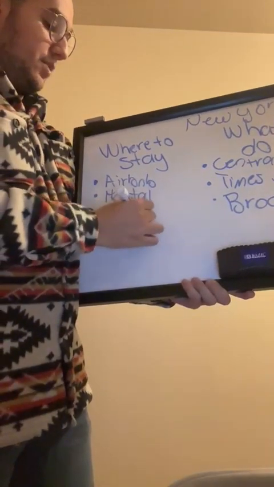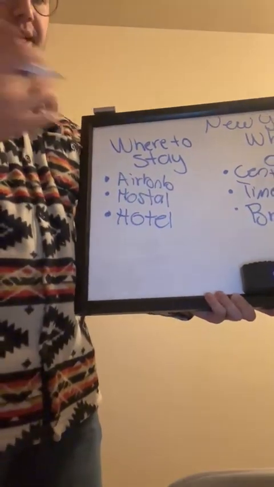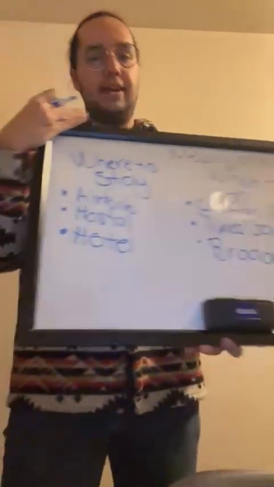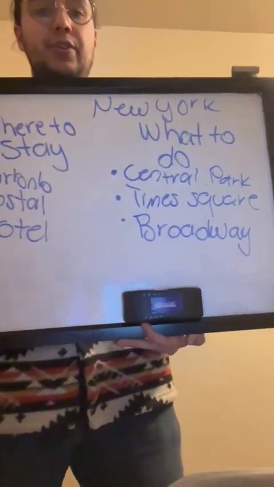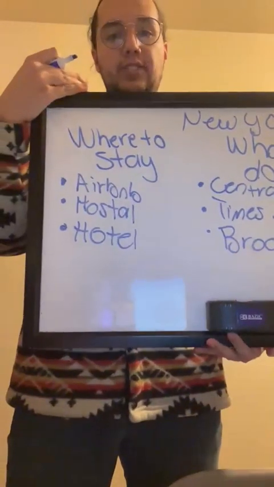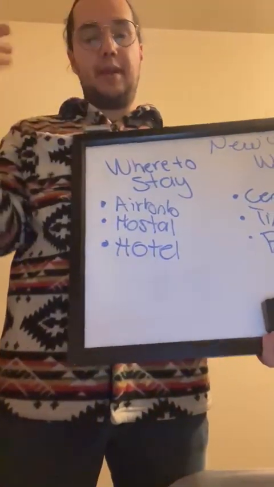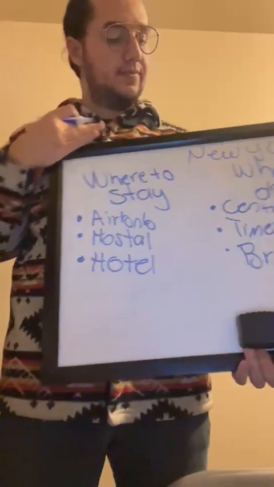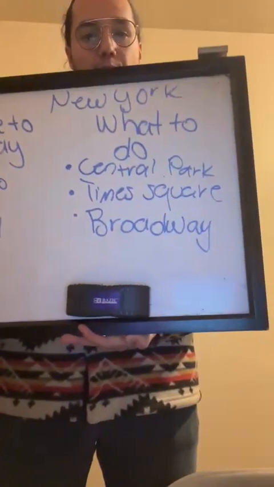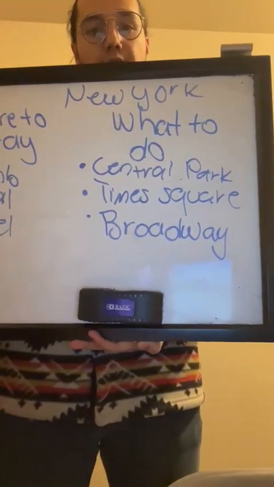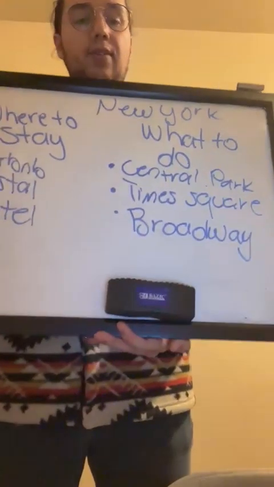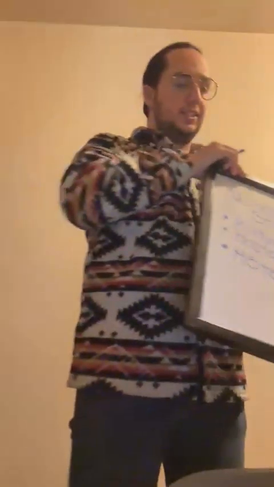Okay, so you have some options, right? So we have some examples. We already have New York, where to stay, and we have some options: Airbnb, hotel, hostel, and we have what to do. We can go to Central Park, Times Square, or a Broadway show. Okay, just to mention a few examples.